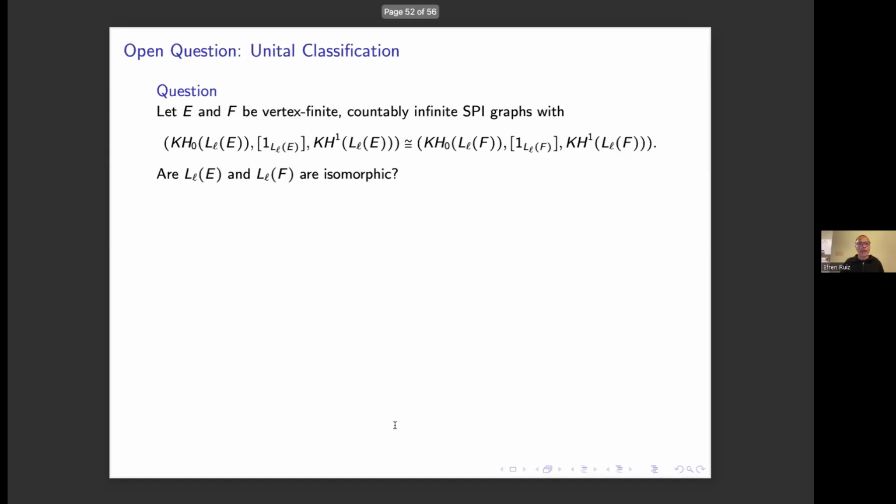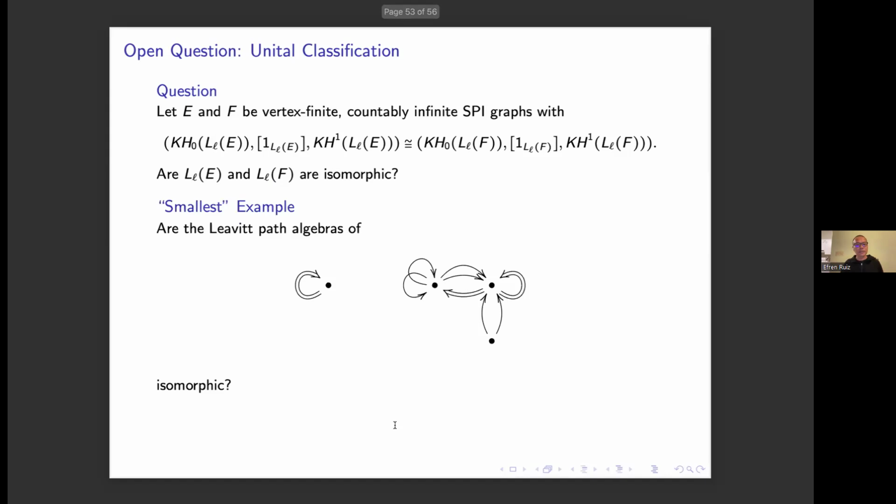So the question then is really what happens in the unital case. If you add the class of the unit, are the Leavitt path algebras isomorphic? The smallest example that is not known is really these two Leavitt path algebras of these two graphs.